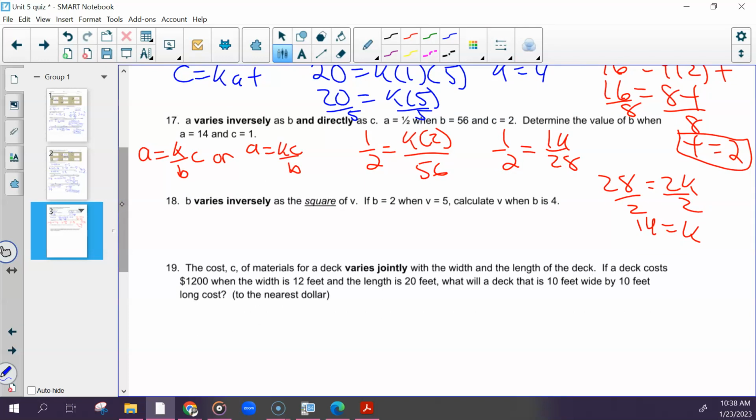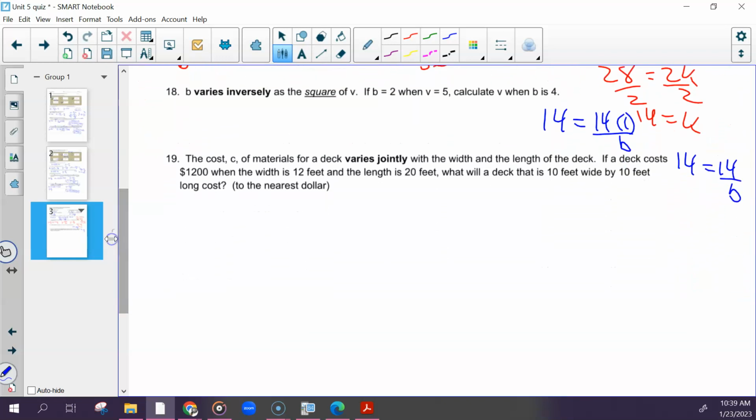Okay, so then we had, and I'm running out of space. A was 14. K was 14. C was 1. And we don't know B. So to get B by itself, we wouldn't multiply by 14, we'd multiply by B on both sides.